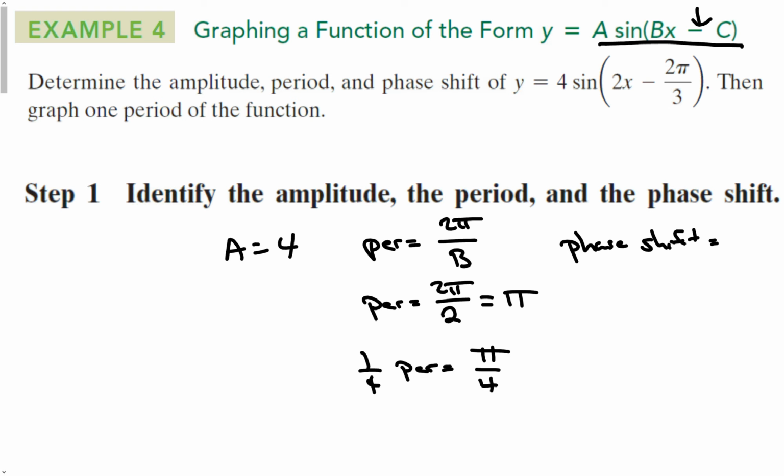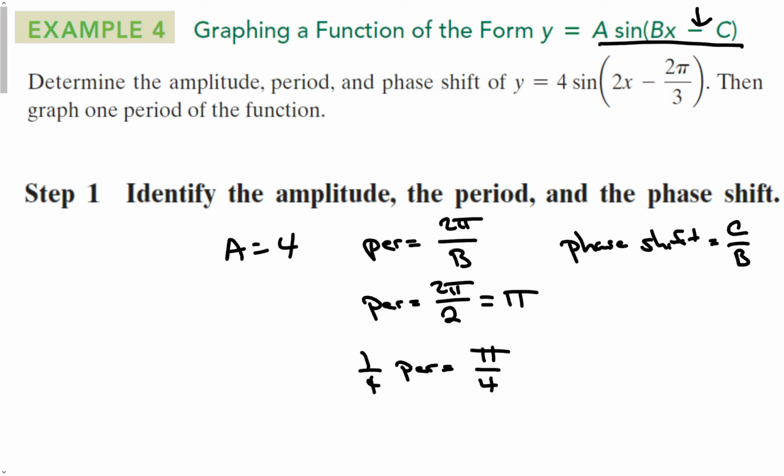So that means we want it to be a positive c over b. If this was a positive, that would shift the function left. So that would mean the number right here would have to be negative. Okay, so you got to be very, very careful with that and realize what's happening with your phase shift and which way you're moving the function.